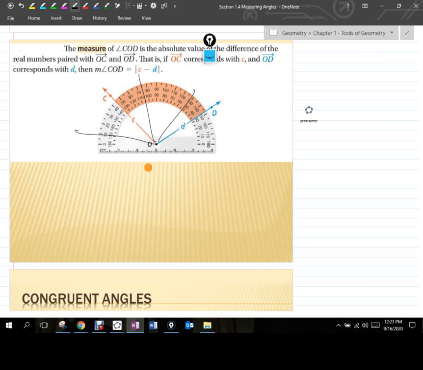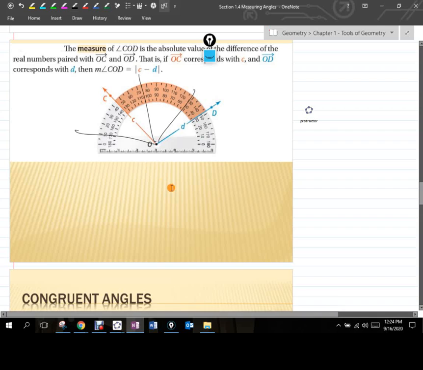Trace it out, find the measurements that those rays are passing through, just subtract them, and that's going to give you your angle. Does that make sense? I'm not going to give you a protractor to manipulate. I want you to use this idea, so it'll be a static picture already set up for you, and you're just going to draw your conclusions from that. Is that all right? Okay.